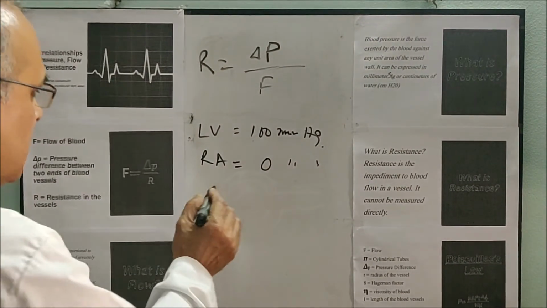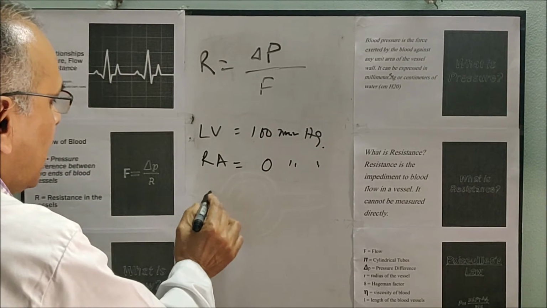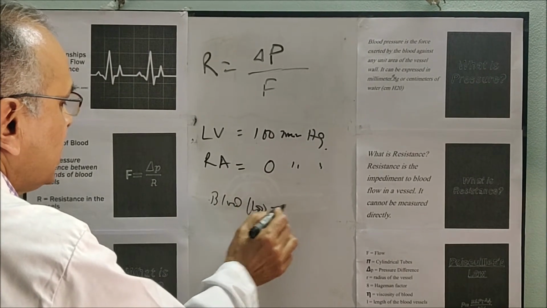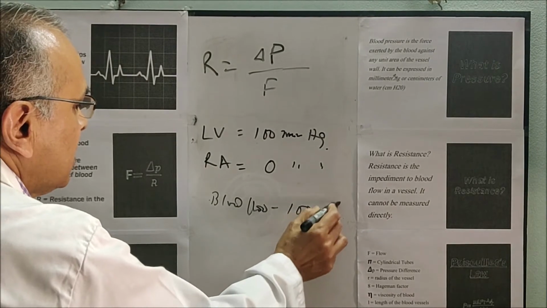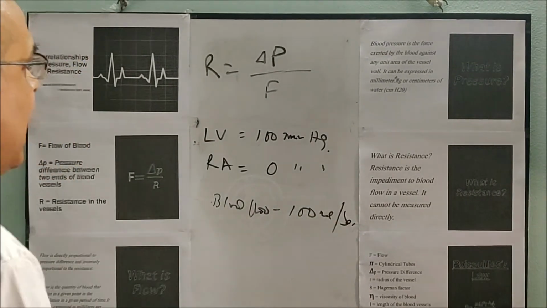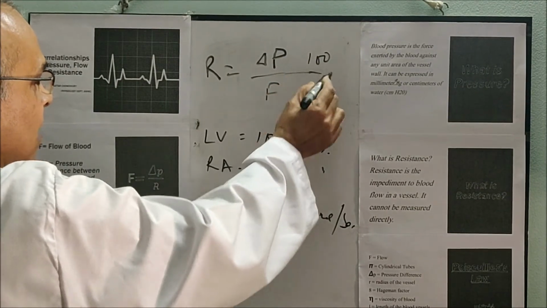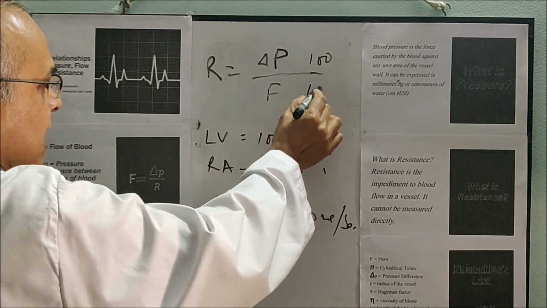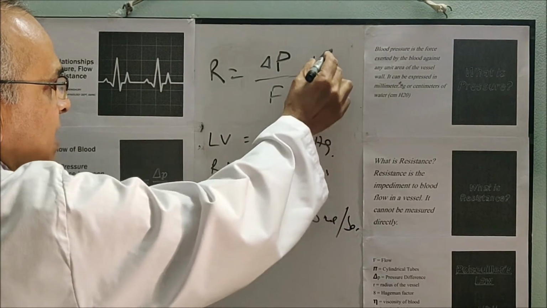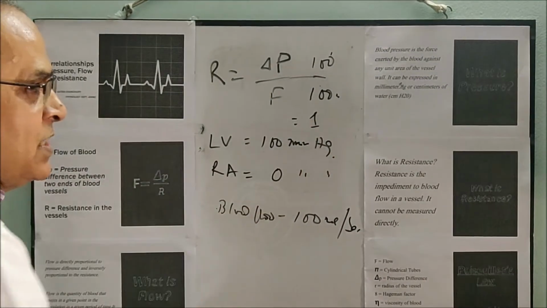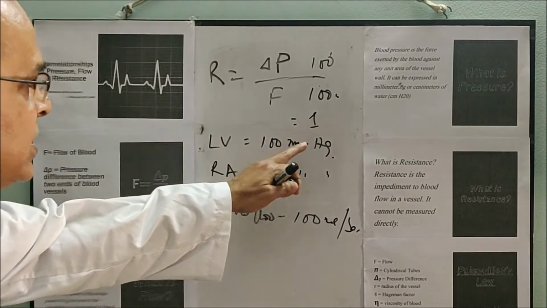That is, blood flow is 100 ml per second. Now, how much is the pressure difference? 100. How much is the blood flow? 100 milliliter per second. How much is the resistance? 1. That is called the peripheral resistance unit.